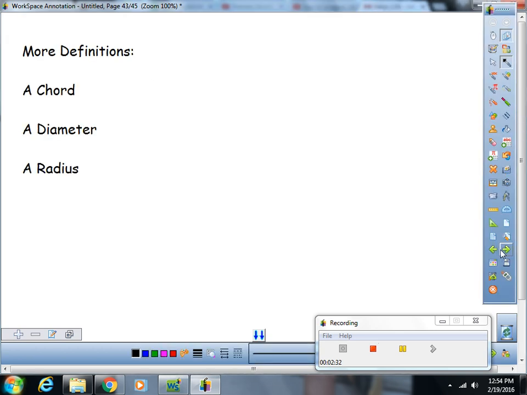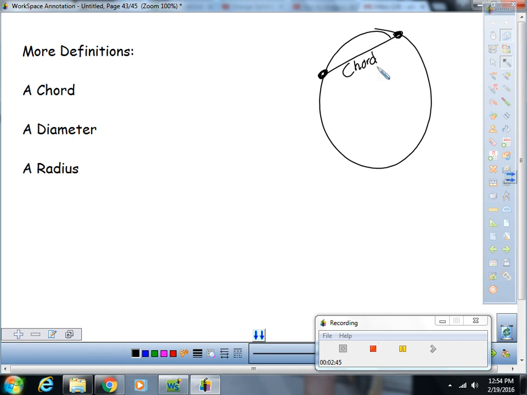Alright, so that's a chord. So how could we define a chord?